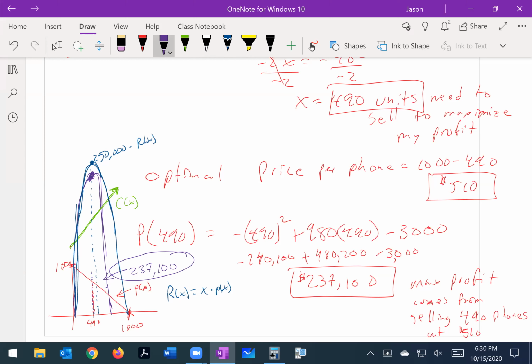We might just want to focus on 2 of them. We might not even care about the cost, and we might not even care about the price per unit.